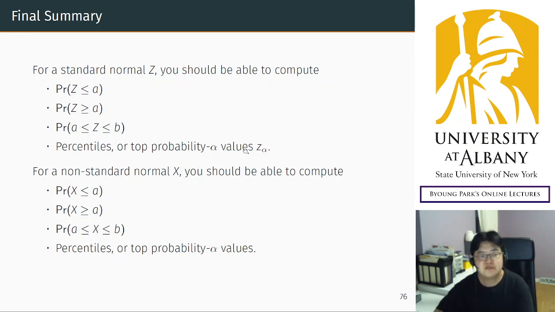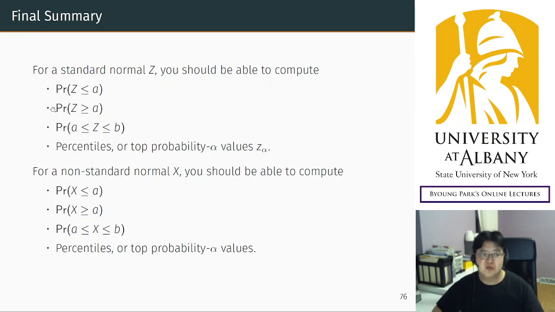They are equivalent, but looking from different angles. So given a probability, what is the value that satisfies a certain probability? And we learned how to calculate these when you have a standard normal distribution.